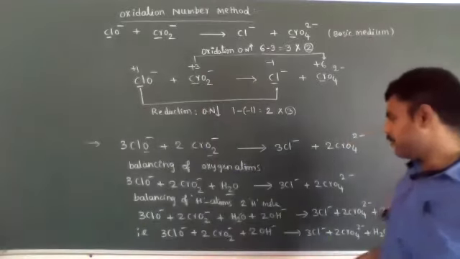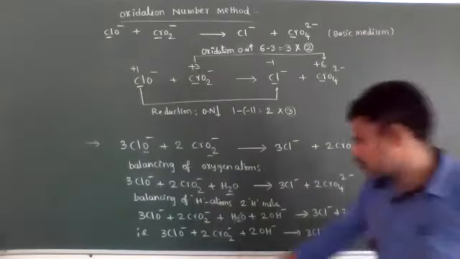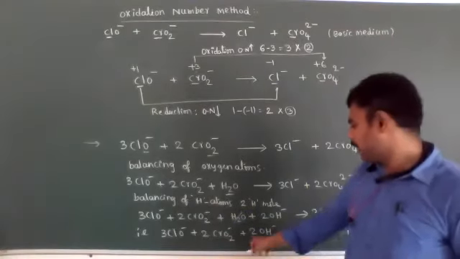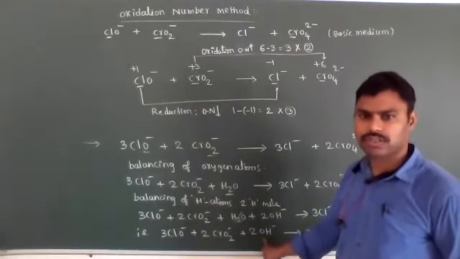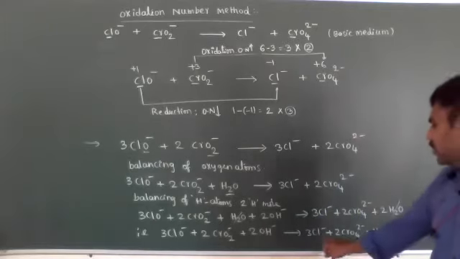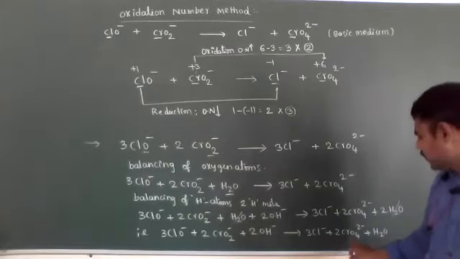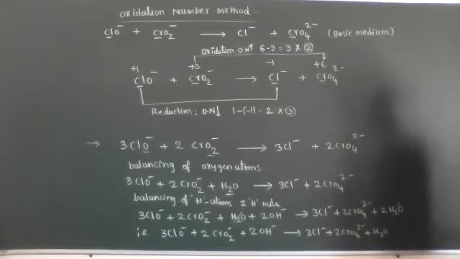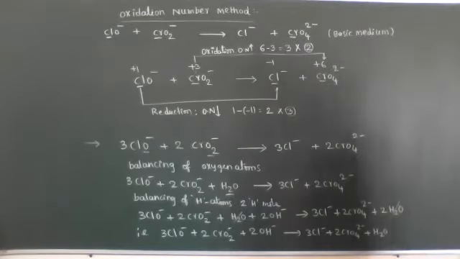Understood? So the final balanced equation is 3 moles of ClO minus plus 2 moles of CrO2 minus plus 2 moles of OH minus ions forms 3 moles of chloride ion and 2 moles of chromate ion, CrO4 2 minus, plus H2O. This is the final balanced equation in basic medium.